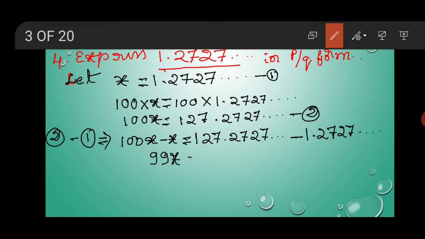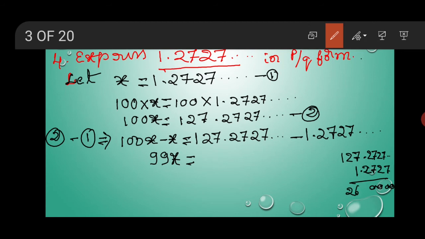Subtract. 99x is equal to, subtract here 127 minus 1. See, after the decimal point nothing will remain.